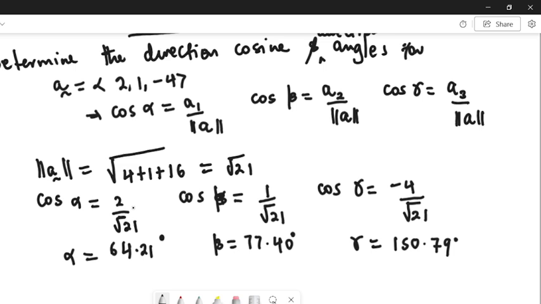You get 150.79. Those are the direction angles and the directional cosines.